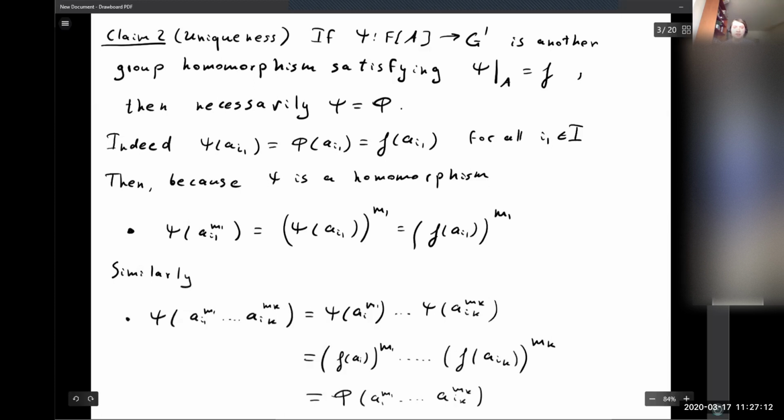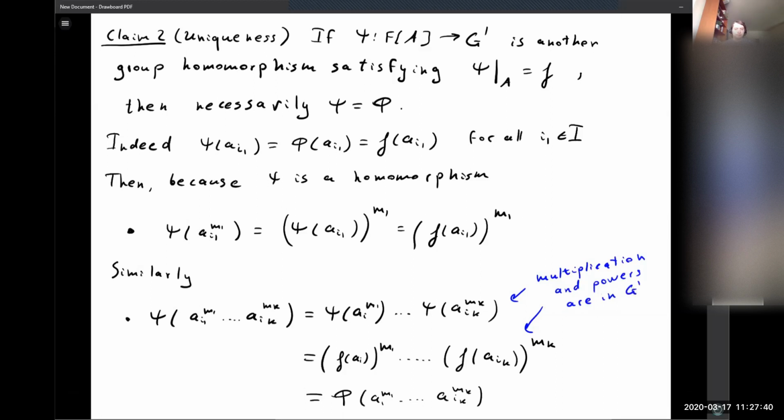Now, the thing to note here is that multiplication and powers on the right-hand side are in G prime.